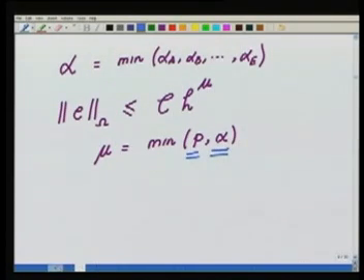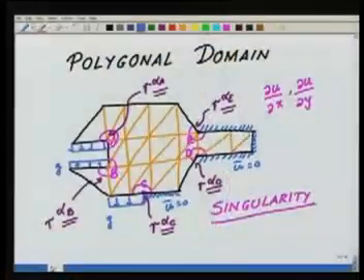To do a better job, let's go back to our problem. It's quite obvious that we are not able to capture the singular behavior because of these large element sizes. So what we should do is a proper refinement of the mesh in the vicinity of this corner, so that I can capture the singular behavior of the solution.